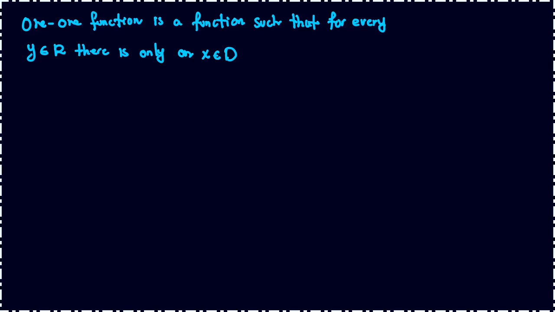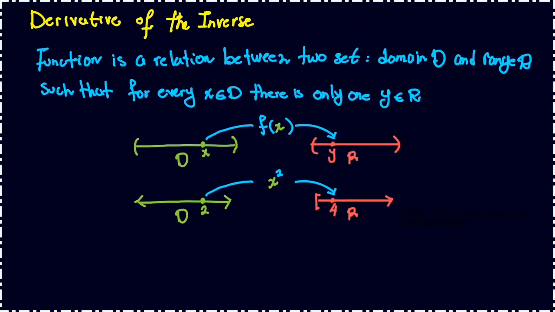Keep in mind, y is called the output and x is the input of the function. So for a one-to-one function, for every output, we want only one input.